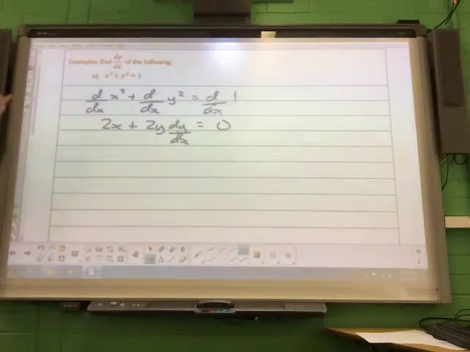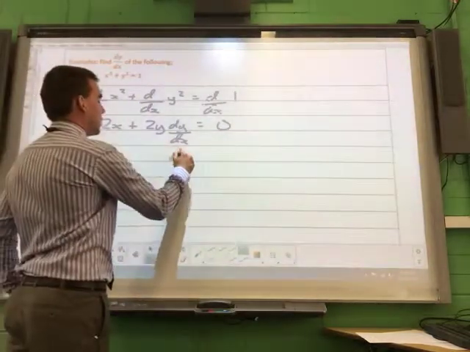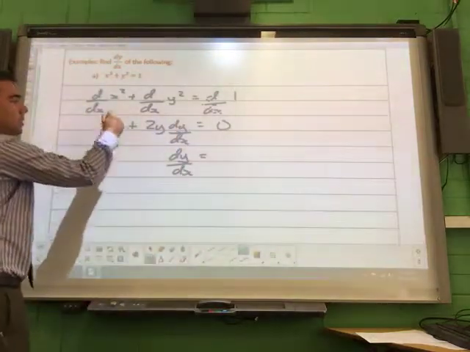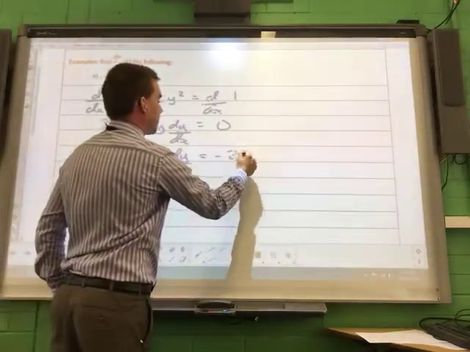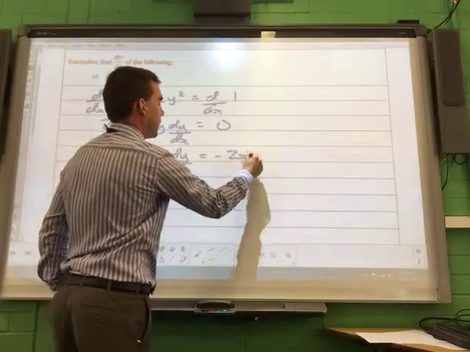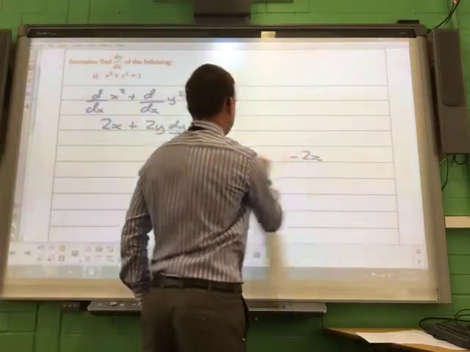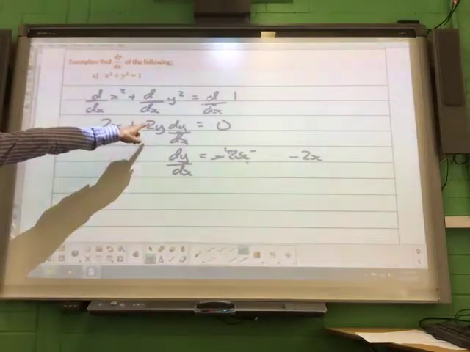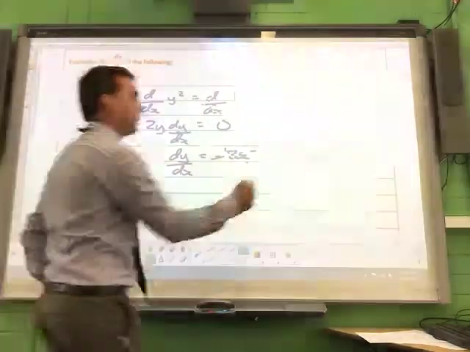So now what we need to do is get dy dx the subject of the equation. So dy dx equals, I need to bring this over to the other side, negative 2x, and then I've got to divide by 2y because that's what I'm multiplying by.